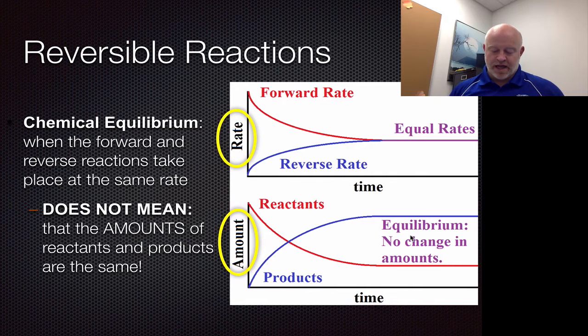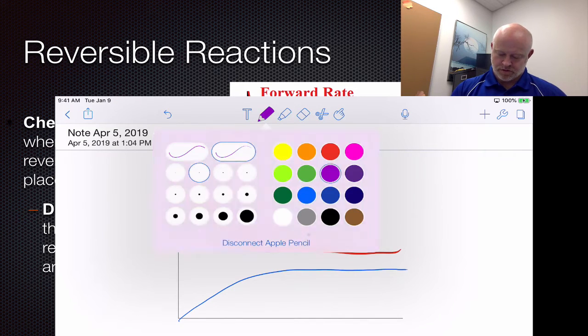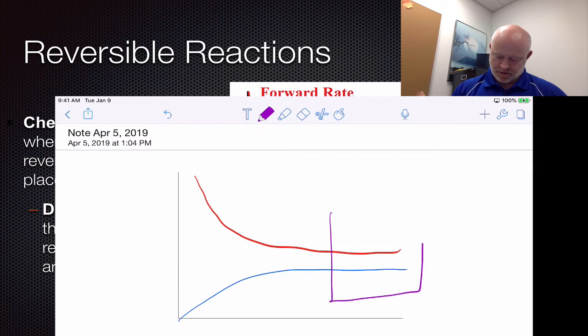Okay? If we had a scenario where our reactants come down and our products come up, and they flatlined like this, where we now have equilibrium in this area, we're still at equilibrium, okay? We still have no change in amounts.